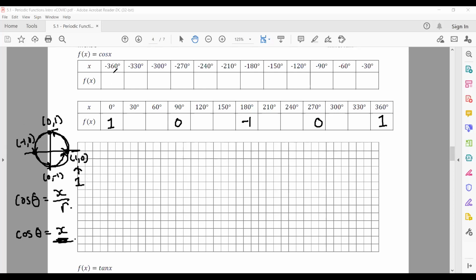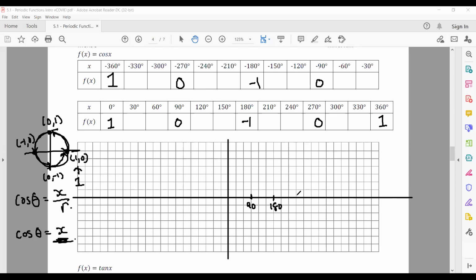Notice it's a little bit different, but still has the same wavy pattern as the sine curve. So that's 90, 180, 270, 360, 90, 180, 270, 360.